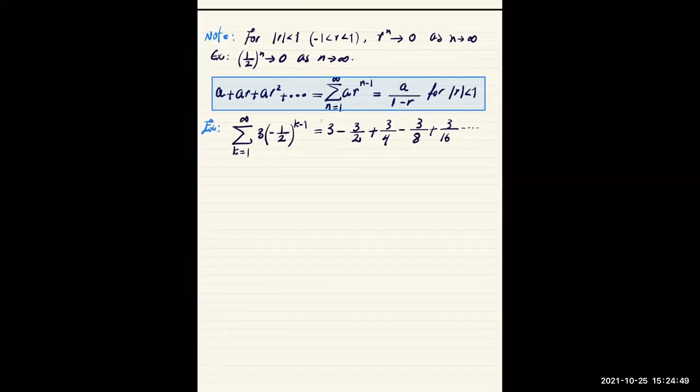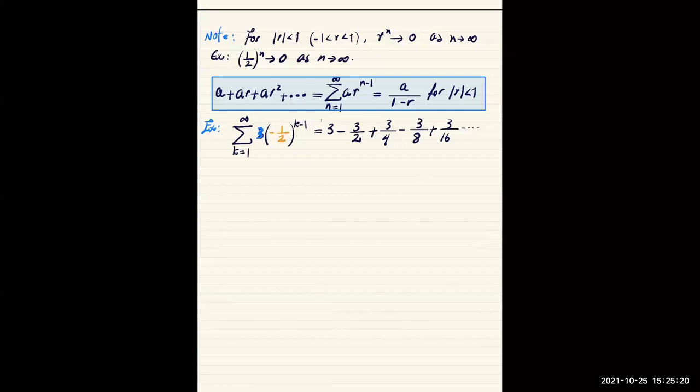All right, now, guys, does this converge or does it diverge? Converge. Yes, Colin, this is going to converge because the common ratio is equal to negative 1/2, and that number is between negative 1 and 1. Let me write that common ratio in a different color. Let's go with orange. And here a is 3.